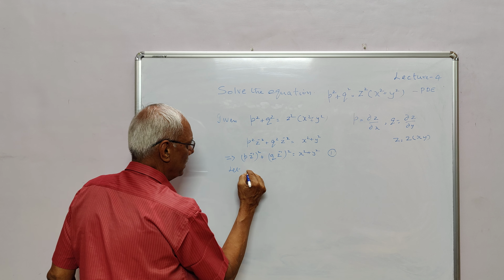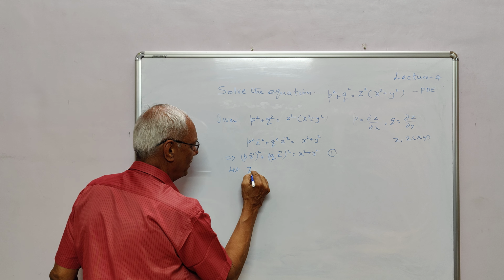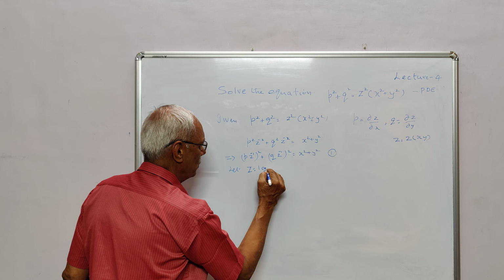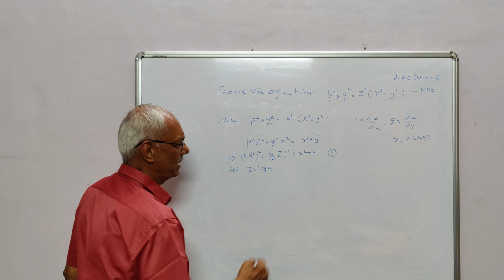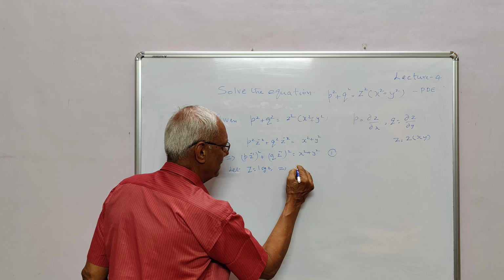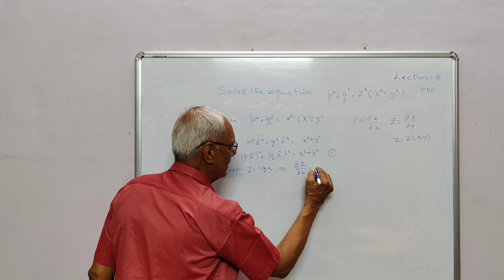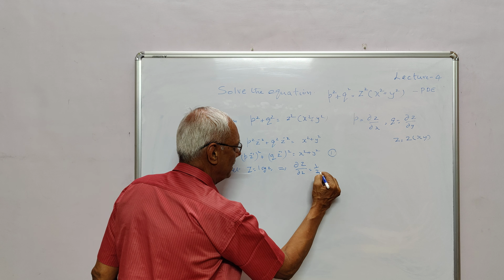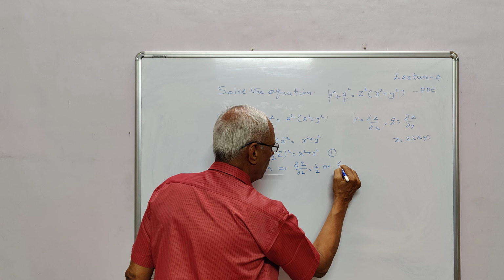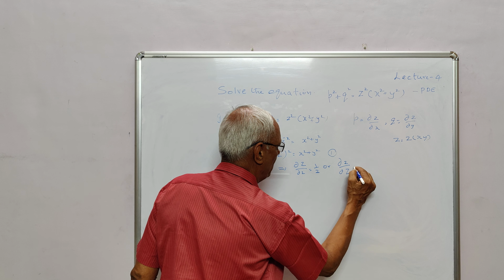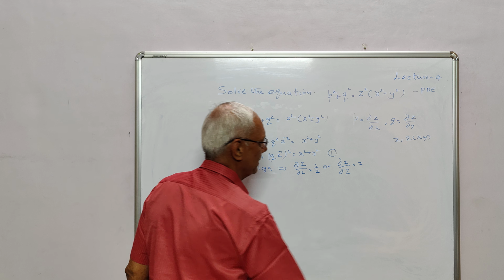Let us suppose that we are using a transformation capital Z, which is equal to log z. I take it in this way. So this implies dou capital Z by dou small z is equal to 1 by z, or dou small z divided by dou capital Z is equal to z.